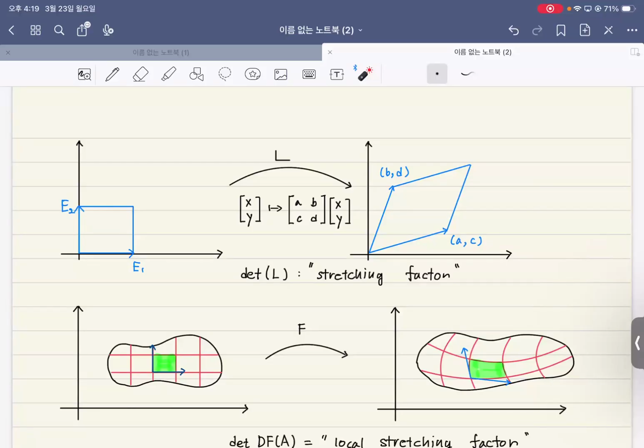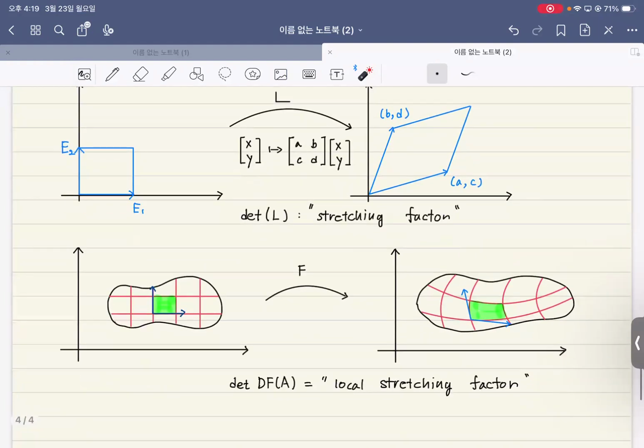If this number is greater than 1, then the area has been stretched. But if this number is less than 1, then the image of this unit square has been shrunk. Okay, so this is the geometric meaning of the determinant of L.